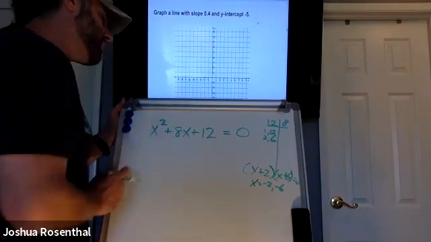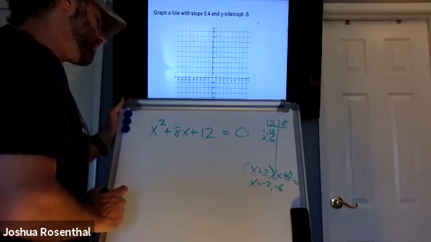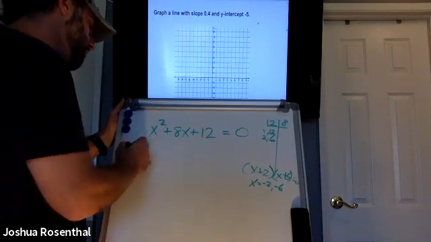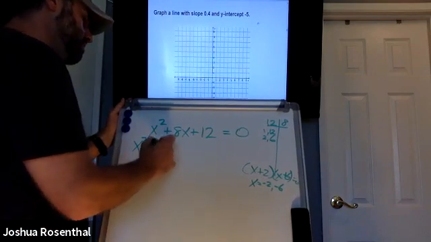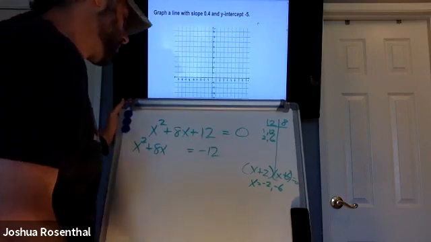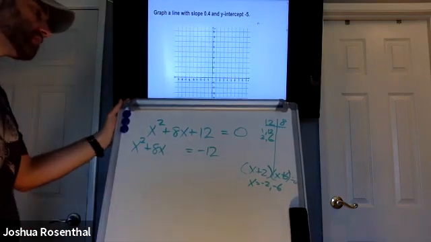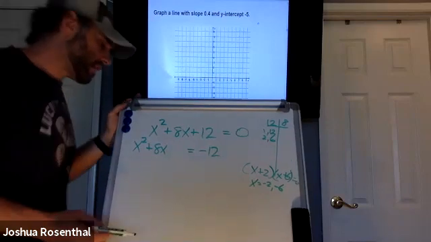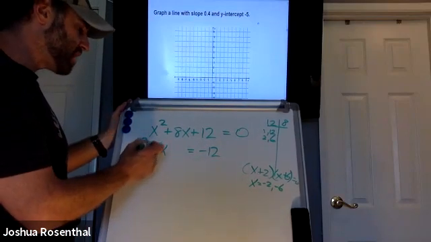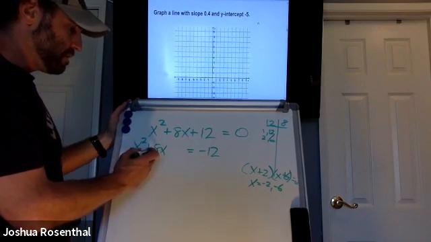Doing it by completing the square is different. What we're going to do first is get rid of the 12 by subtracting it on both sides. You with me? Okay. To make a perfect square trinomial, this would have been made by the same thing 2 times.